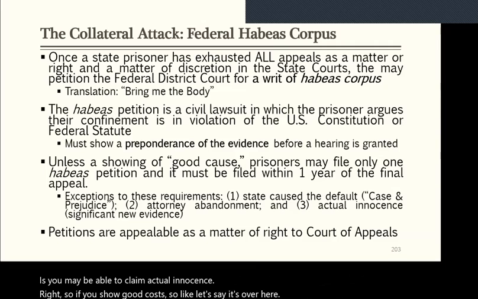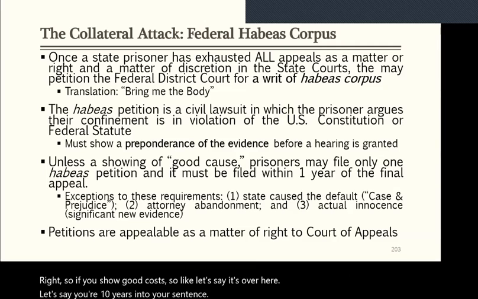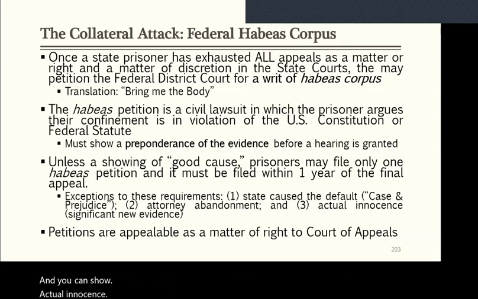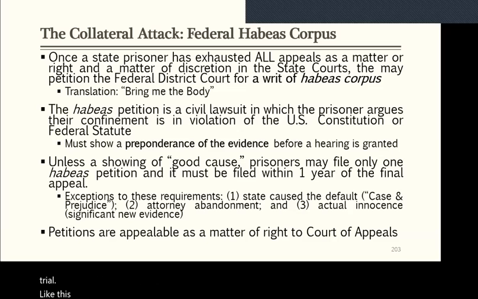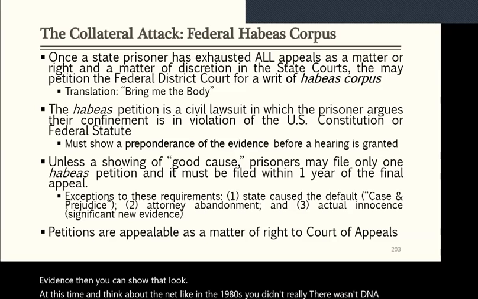Let's say you're 10 years into your sentence and you can show actual innocence by the fact that there is maybe some new evidence, and when I say new, it was not discoverable at the time of trial, significant, like this undoubtedly shows that you are not guilty. Think about DNA in the 1980s, there wasn't DNA, at least as a forensic use.